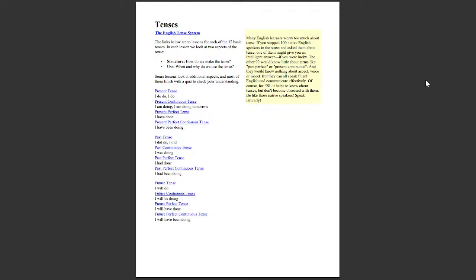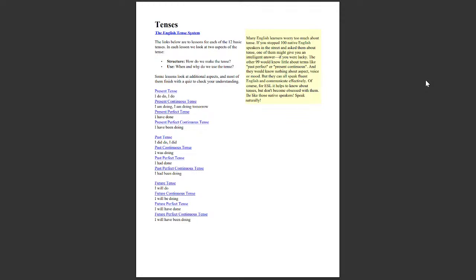About the future tense: I will do, which is going to happen. Future continuous tense is I will be doing. Future perfect tense: I will have done.